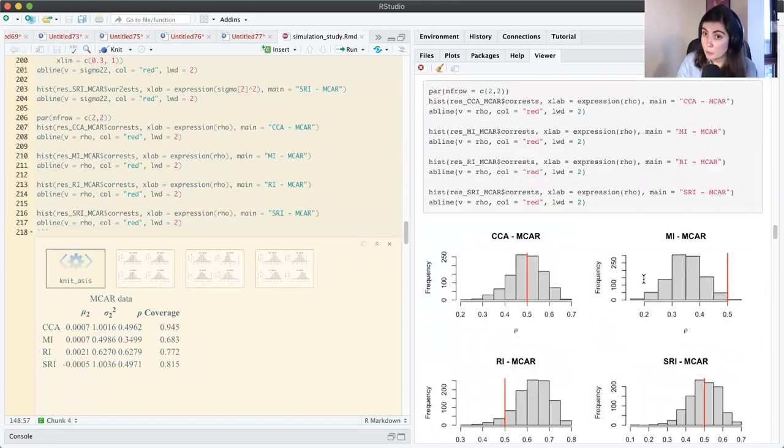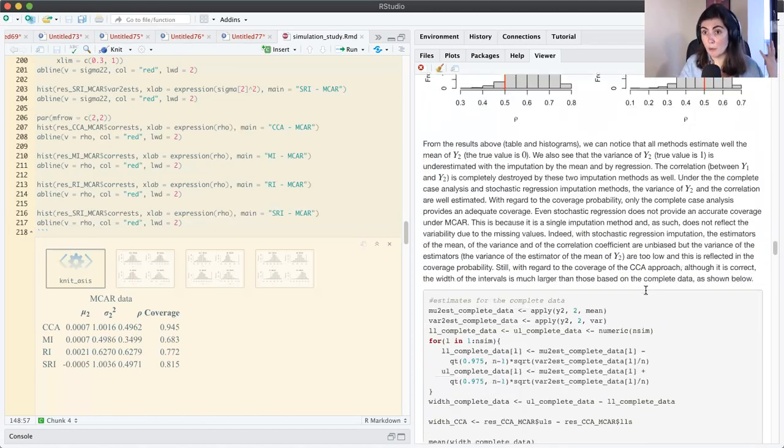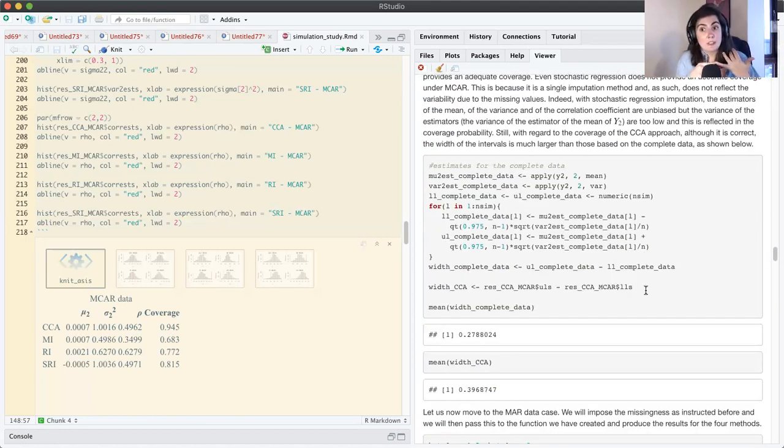It works well. It's missing completely at random, so we have obtained unbiased estimates of the mean, of the variance, of the correlation, and the coverage of the interval is good. But when it comes to confidence intervals, there are two things that we should look at. It's the coverage, so the coverage should be close to what we call the nominal level.